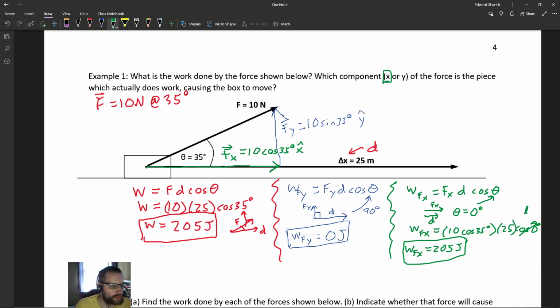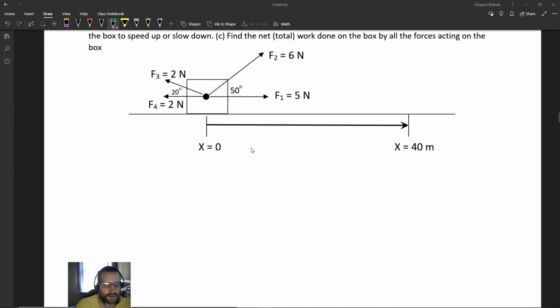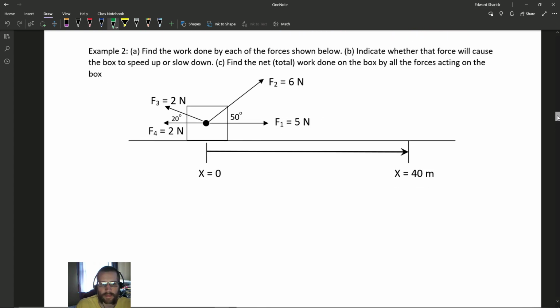All right, and then I've got one more example for us today, and then we'll wrap things up. So example 2 says find the work done by each of the 4 forces shown below. We have force 1, 2, 3, and 4. We're ignoring gravity and normal force here. The reason we can ignore those forces in this case is simply because this thing's moving to the right.